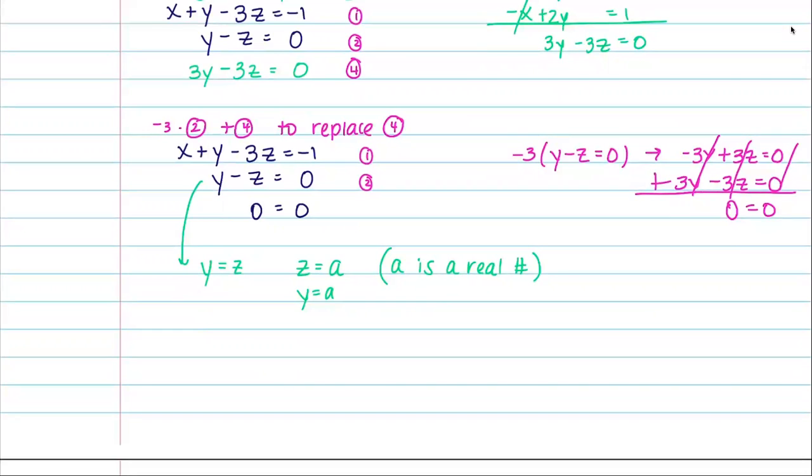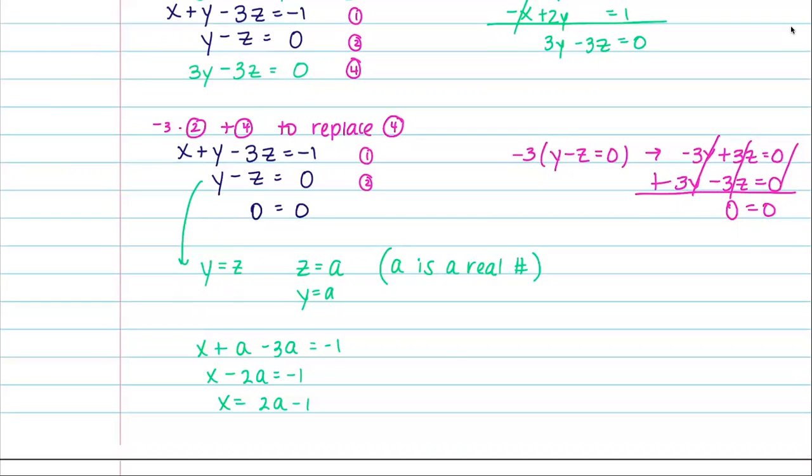I'm going to see what I have to do to this a value to get something that will be true for x. So if we substitute that in here, x plus a minus 3 times a equals -1, I get x minus 2a equals -1. And if I add 2a to both sides, I get this expression for x.